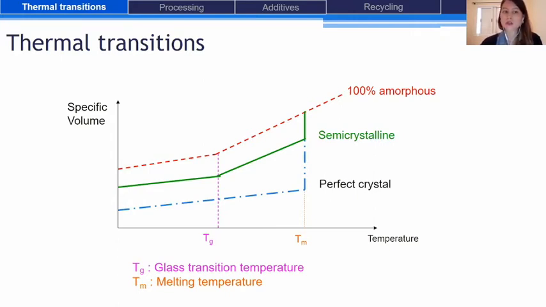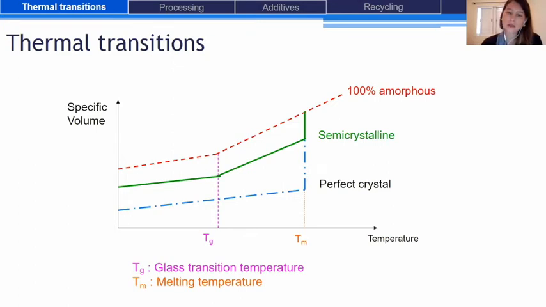You can see a continuous increase of the specific volume with the temperature, but the increase of the specific volume with temperature is much higher above the glass transition temperature, due to the higher vibration of the chains that gain mobility above the Tg, so the specific volume of the material increases to a higher extent.